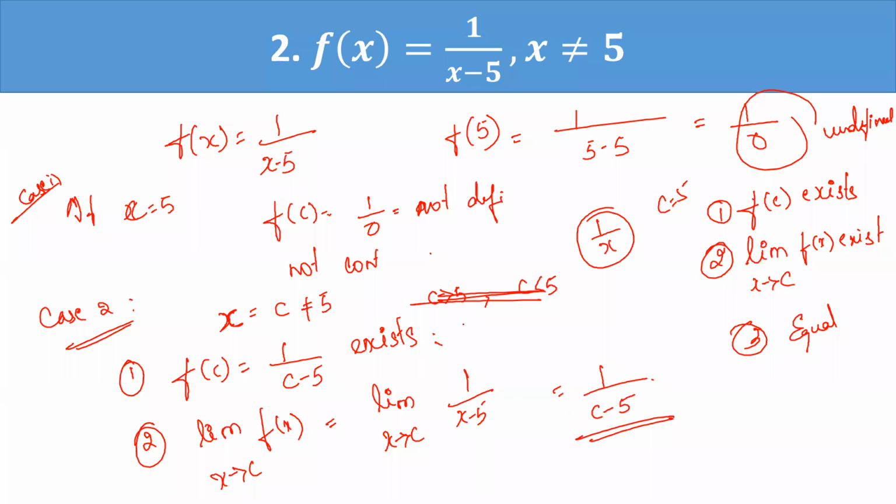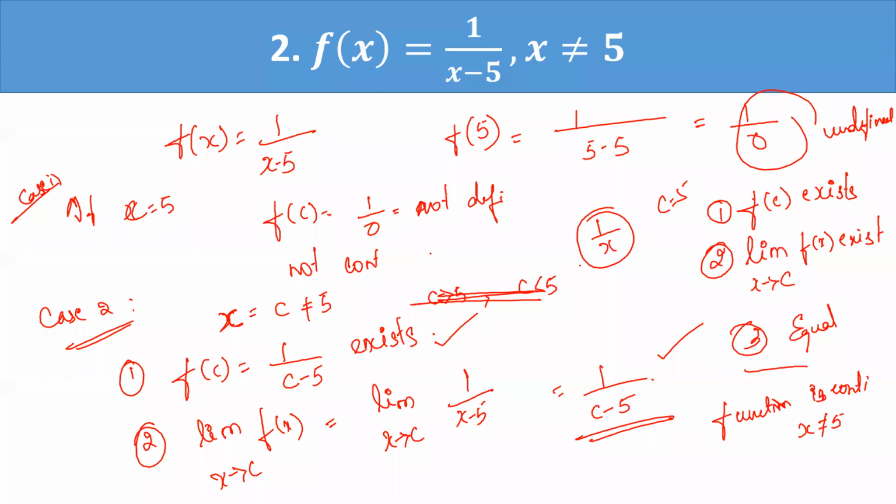So you can see that the first and second conditions are verified. And what about the third condition? It should be equal. The value of f of c is 1 by c minus 5. The value of the limit of f of x as x tends to c is also 1 by c minus 5, which means both are equal. Therefore, the function is continuous for x not equal to 5.